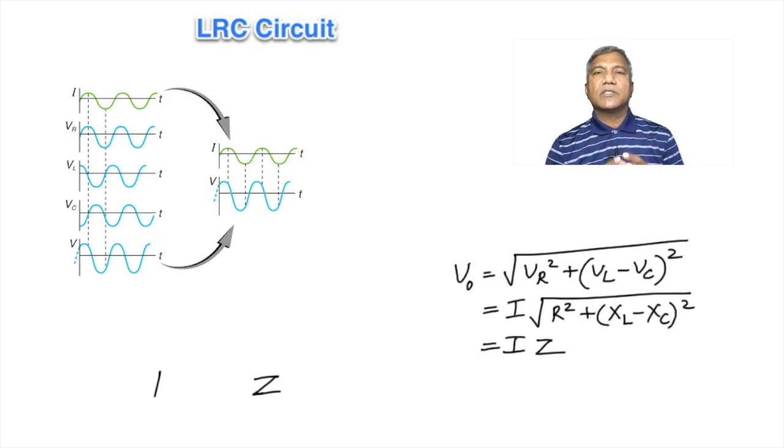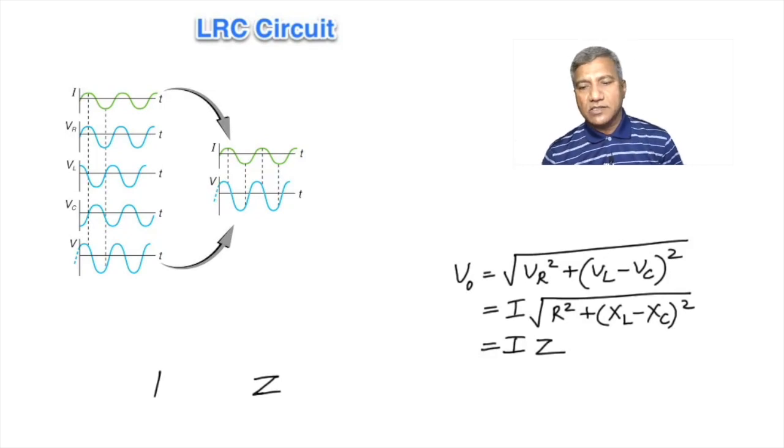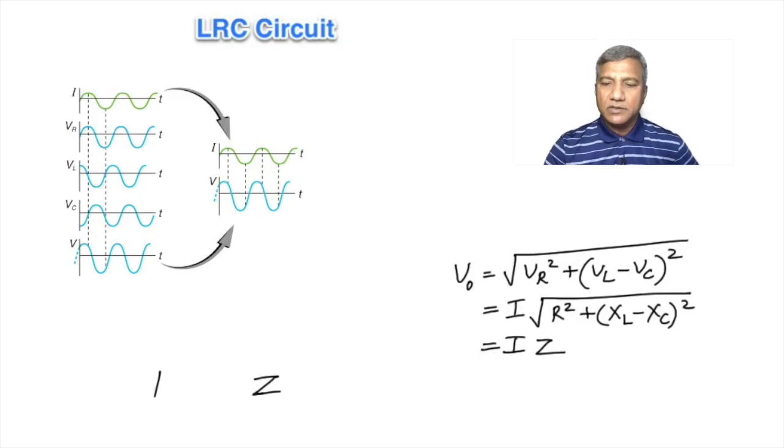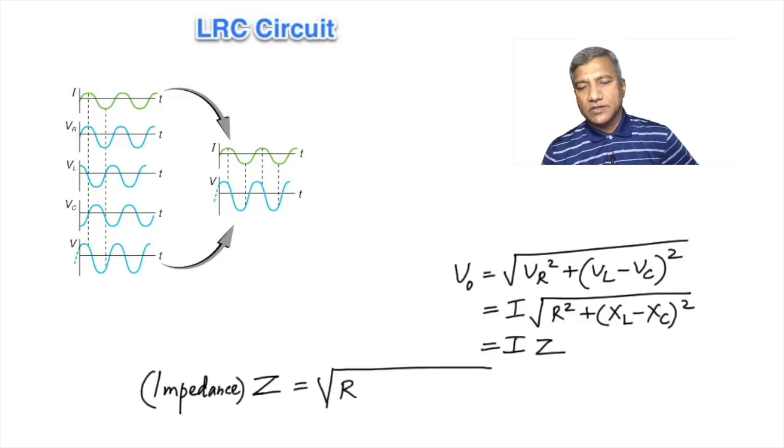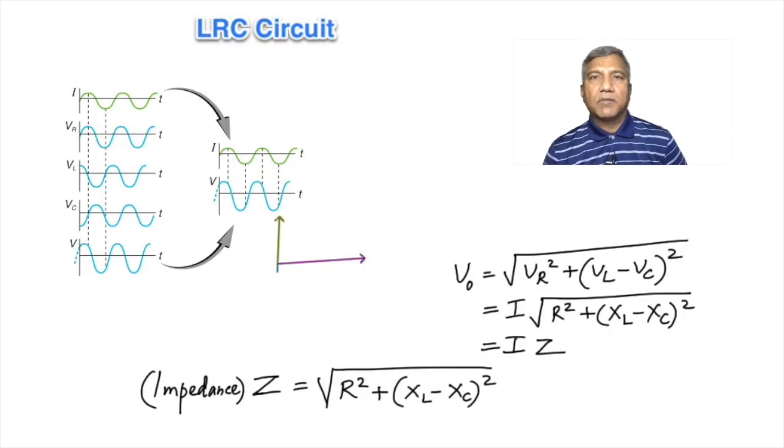A combination of a resistance and a reactance is called an impedance. It's represented by Z. So we write this as Z, where Z is the impedance. And what's the value of Z? Z is the square root of R squared plus XL minus XC, whole squared.